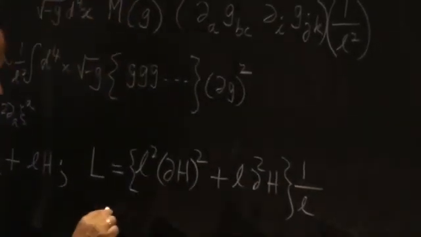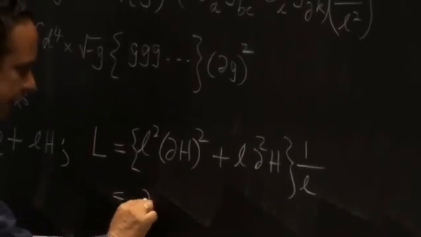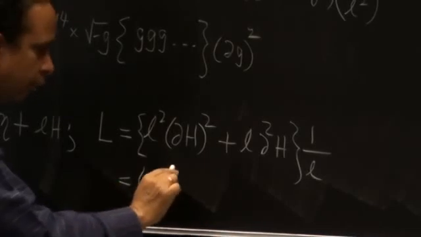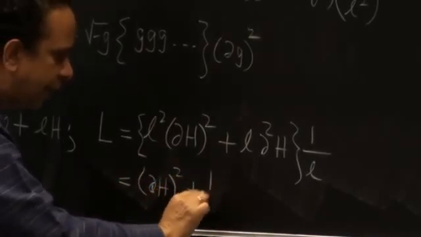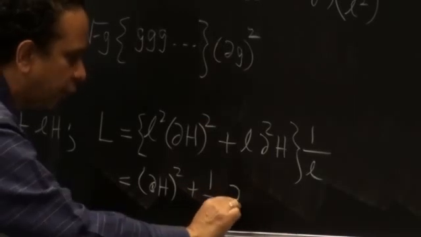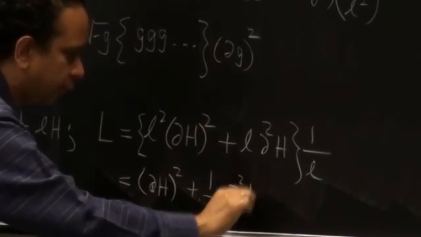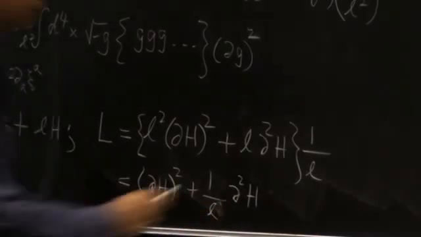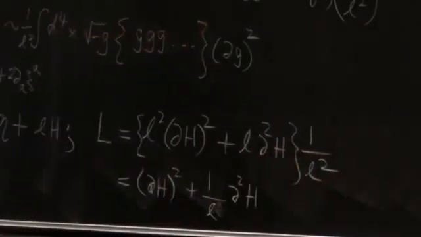So this is going to go as (dh)² the whole square plus 1 by L d²h. This is such an elementary scaling that there is no escape from it. But it has a deep significance.